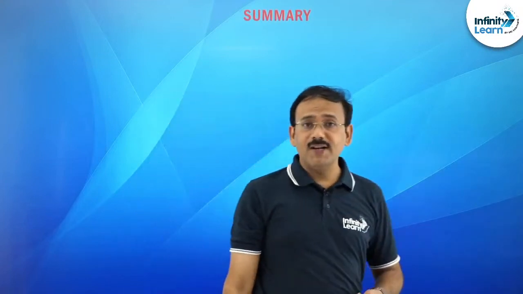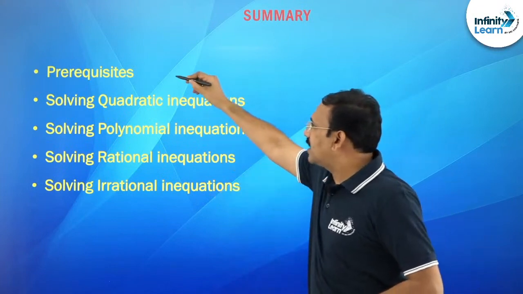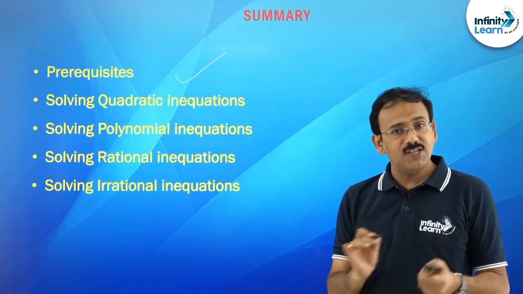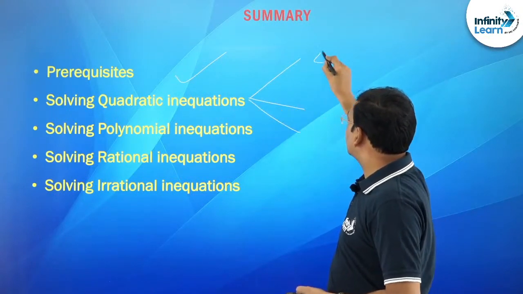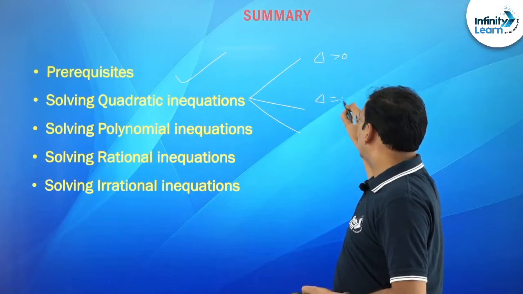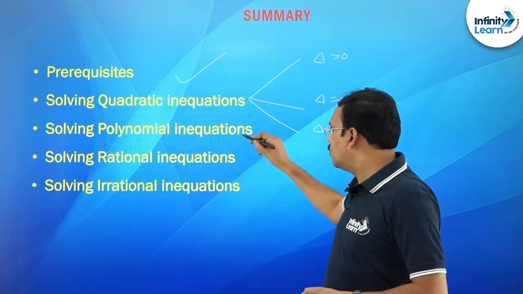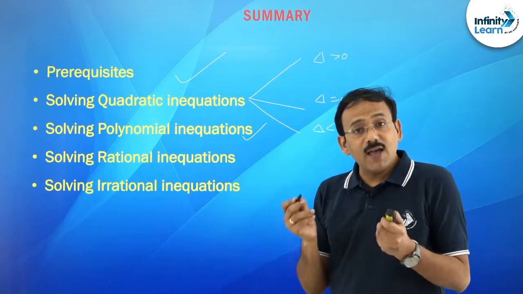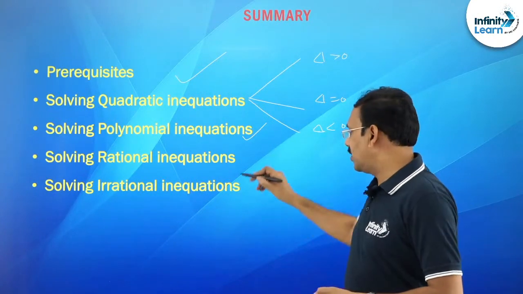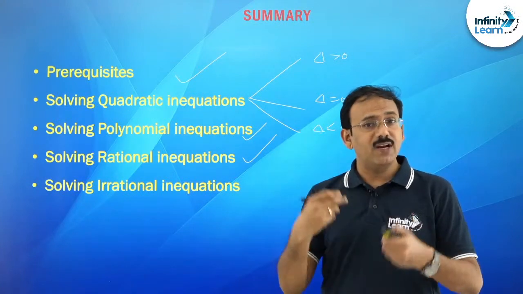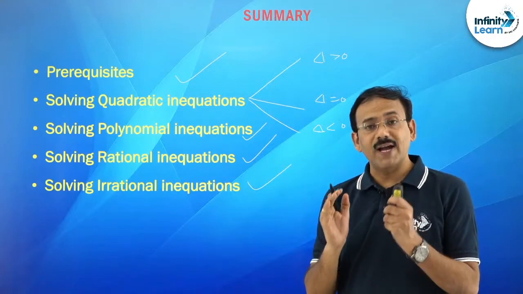So coming to the summary, dear students, we have discussed the main important key points related to solving inequation. Then we have seen solving quadratic inequation, 3 cases: delta positive, delta 0, delta negative. Then to solve polynomial inequation we used the wavy curve method, and we have seen how to handle rational inequation when something comes in the denominator: multiply the same in the numerator and denominator, and for irrational inequations we need to mind certain points.